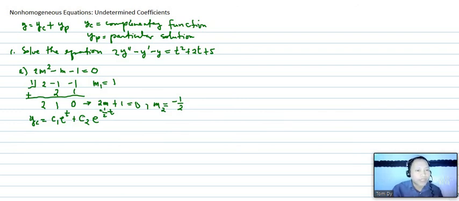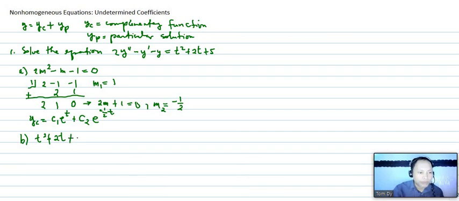This time, we will find our particular solution, y sub p. Let's say step B. We have t squared plus 2t plus 5.